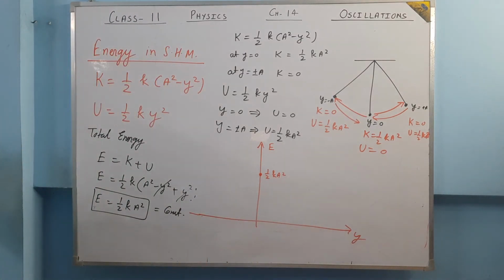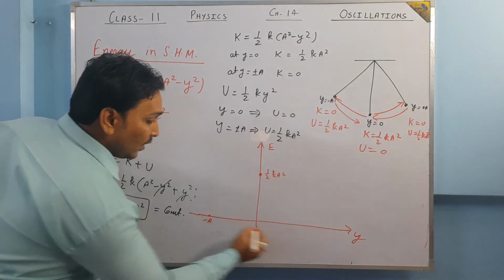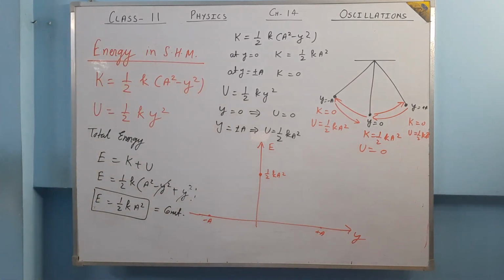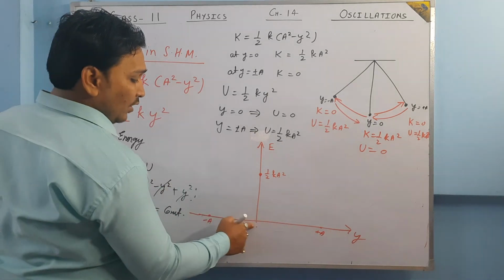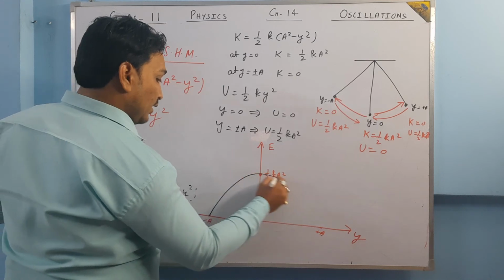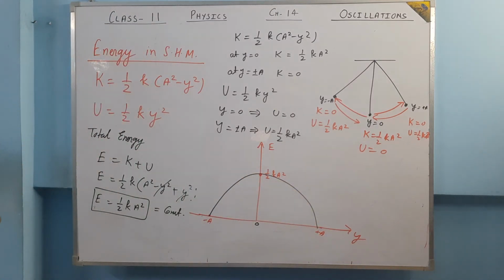If I talk about kinetic energy, here it is minus a, here it is plus a. Kinetic energy is maximum at the mean position, where y is equal to 0. So the graph of kinetic energy is like this.